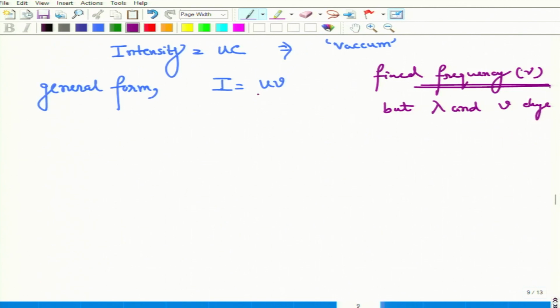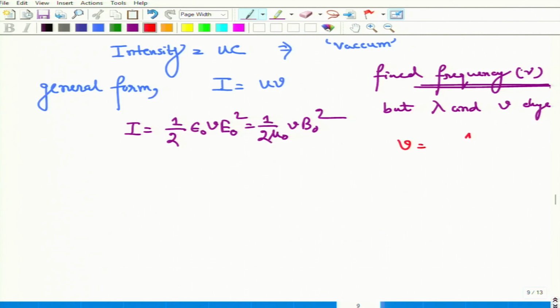So we know u. In general, I is equal to 1 by 2 epsilon naught v E naught square plus half mu naught v B naught square. The form of v is 1 by root over epsilon mu.